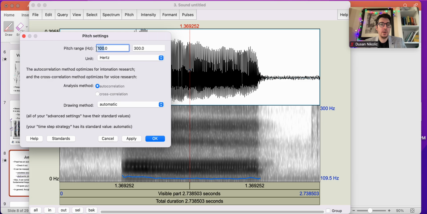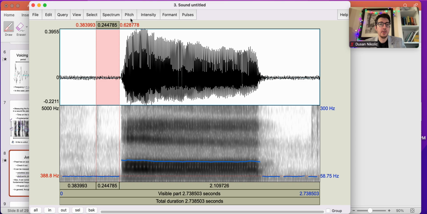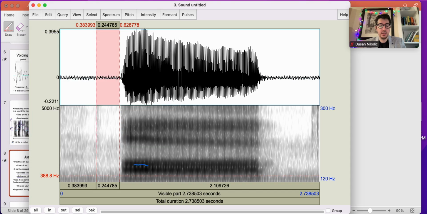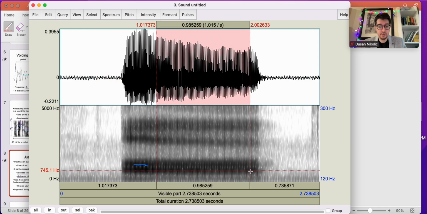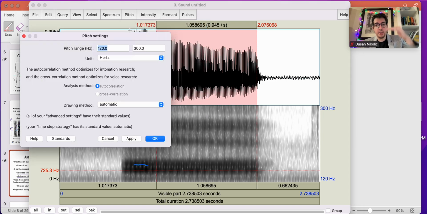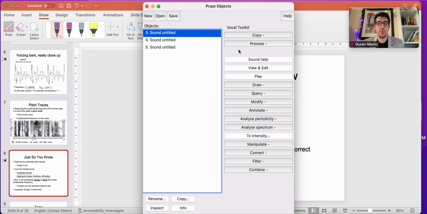Okay, let me try and reduce it to 40. Yeah, there are some weird readings here, but I'm not getting what I want. Maybe 120. For 120 it could not read the majority of it, so it's beyond the lower limit of my voice. 30, let's see, with 30 it is still good, so it's capturing it very well.